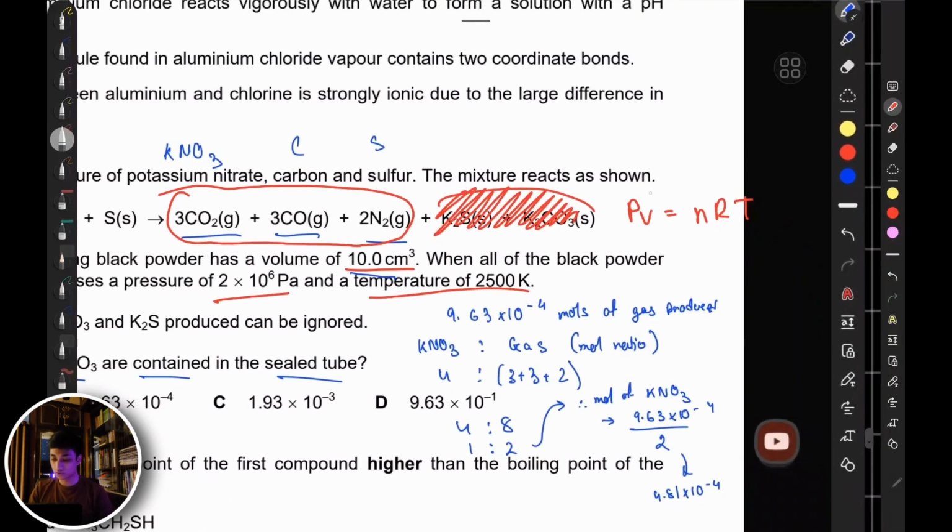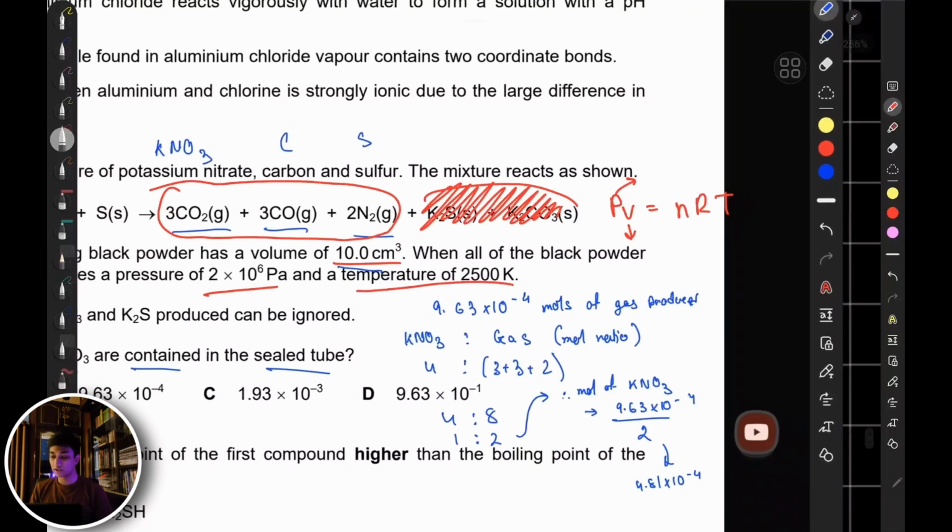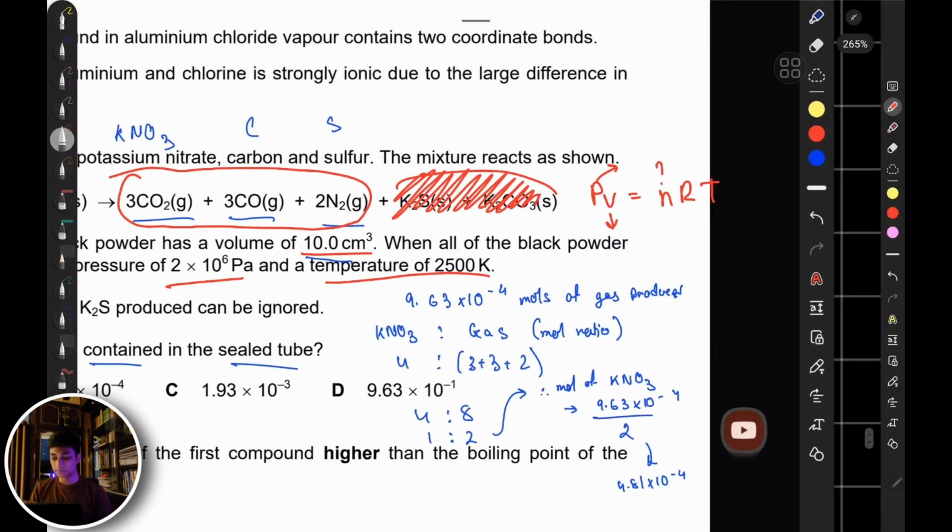You know the pressure, 2 into 10 to the power 6. You know the volume, just 10 cm3. You convert that to meters cubed. How do you do that? Divide by a million. And you find out the moles. You know the gas constant, 8.31. The temperature is 2500. You don't need to change anything.